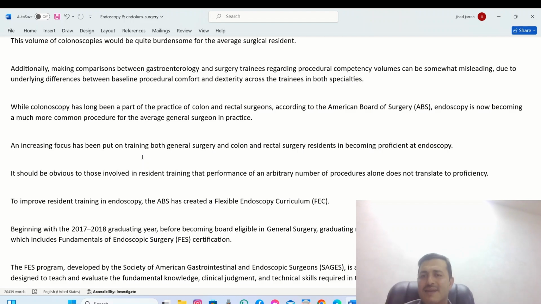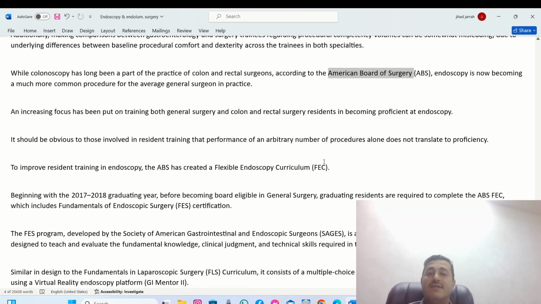Okay, I said I'm sorry for that, but again, if we are talking about America, the American Board of Surgery now says that it is mandatory for the resident to at least train on a simulator for endoscopy. Not only the general surgery specialist, not only the colorectal surgery fellow, but also the surgical resident.